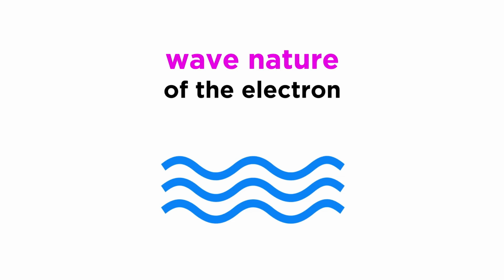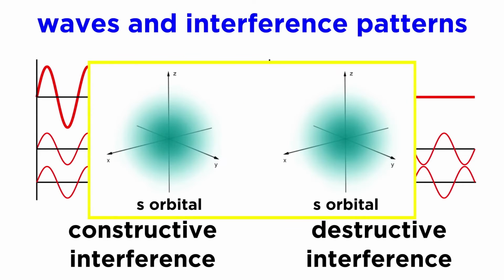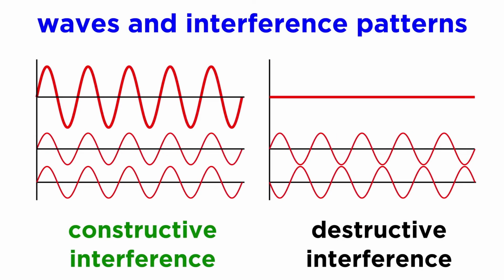This theory requires that we strongly consider the wave nature of the electron. In the classical physics series, we talked a lot about waves and interference patterns. So to get the full picture of wave behavior in order to better understand molecular orbitals, check out this tutorial now. Otherwise, we simply need to understand that when two atomic orbital wave functions are combined, like these two s orbitals, there can be constructive interference, where the peaks line up with the other peaks.